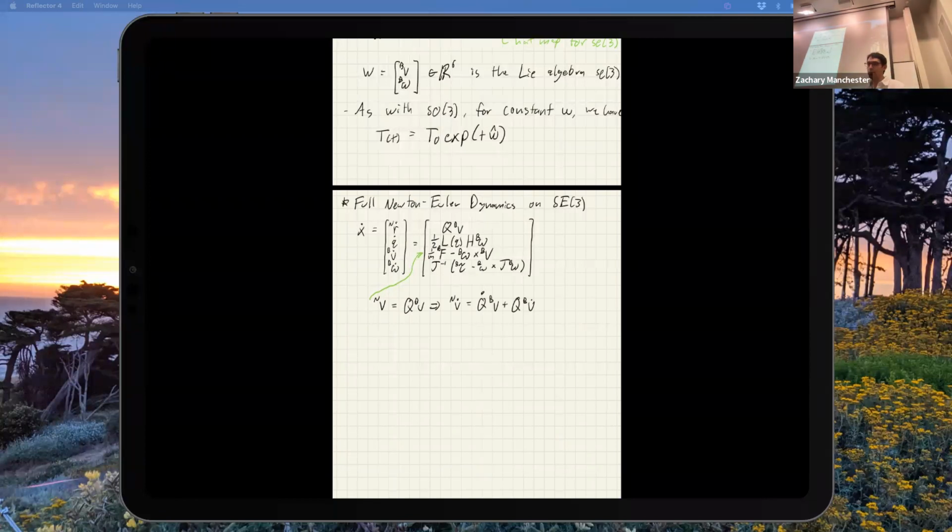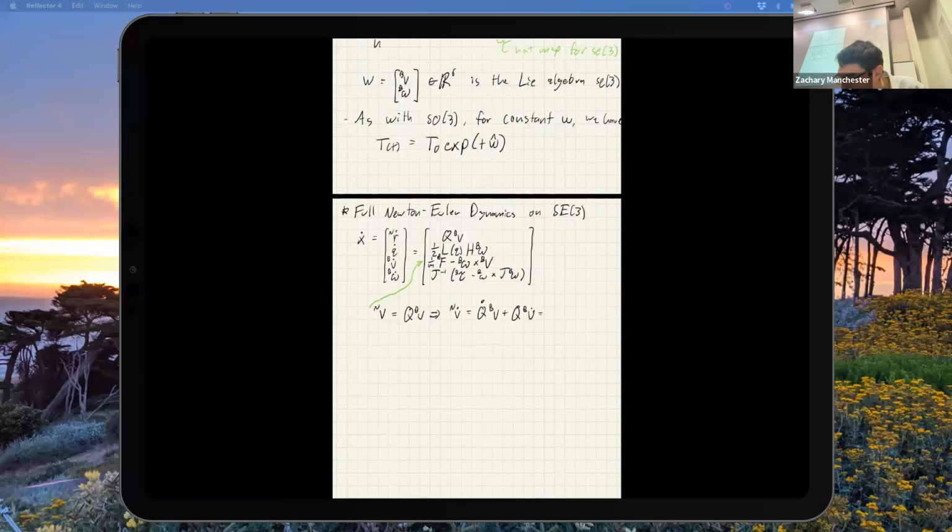So far, so good. Now I'm going to plug in the kinematics for Q dot, which is that Q omega hat guy. So I get Q omega hat B frame, V B frame, plus Q V dot in the B frame.